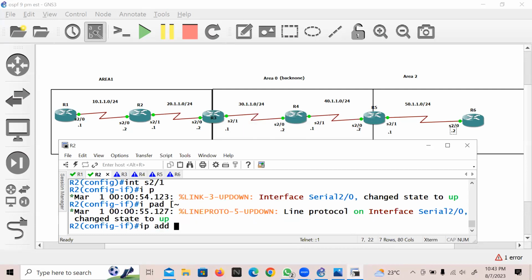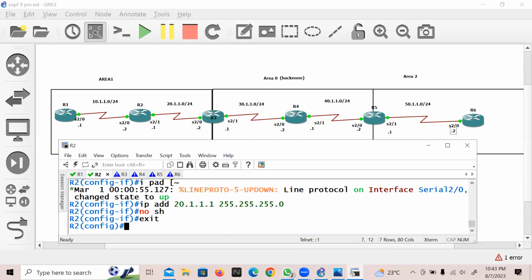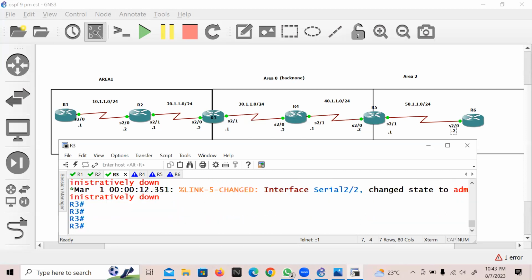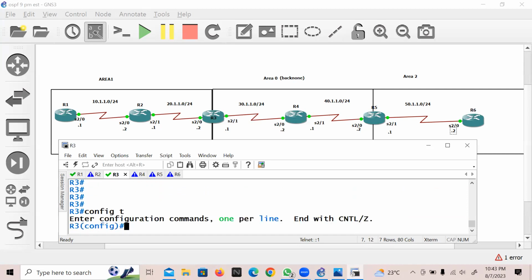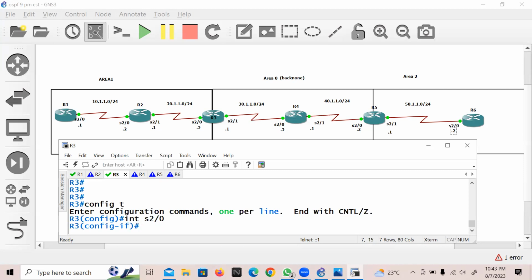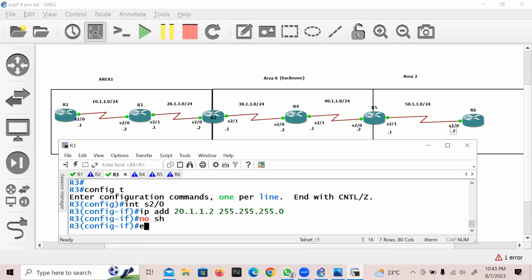Okay, S2/1, then no shut, exit. Okay, then R3, S2/0, IP add 20.1.2. Only this process will take time. IP add. OSPF is easy here. No shut.